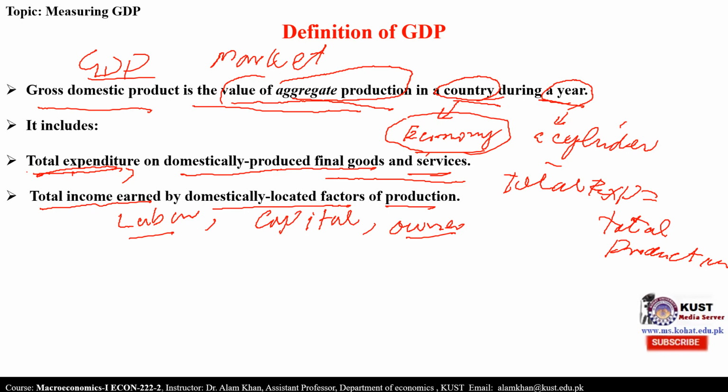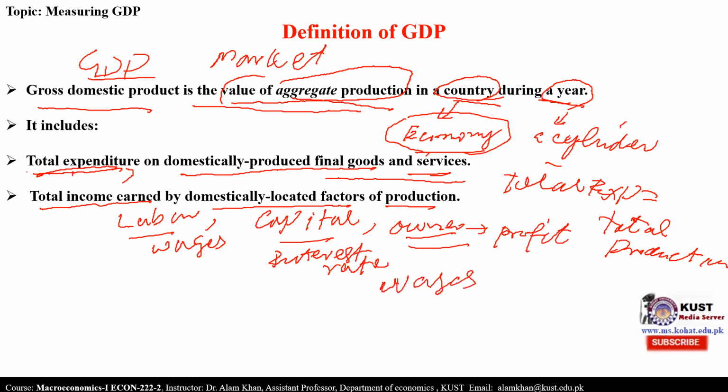So labor, they are providing their time, so in the form of wages, capital in the form of interest rate, and the owner, the entrepreneur, they earn the profit. So if we combine these things, wages plus interest rate plus profit, ultimately that will be equal to the market value or the price of the product.